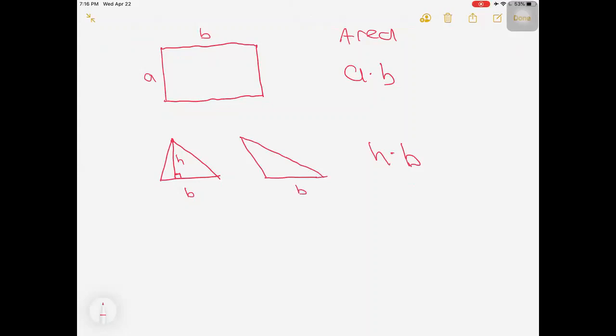If this is the base, you do the height the same way. You just extend this line and you draw a perpendicular down to the line. This is the area of a triangle formula.